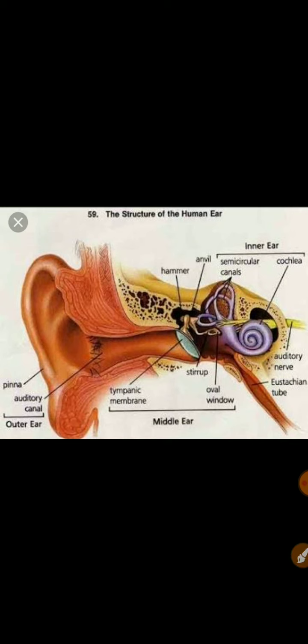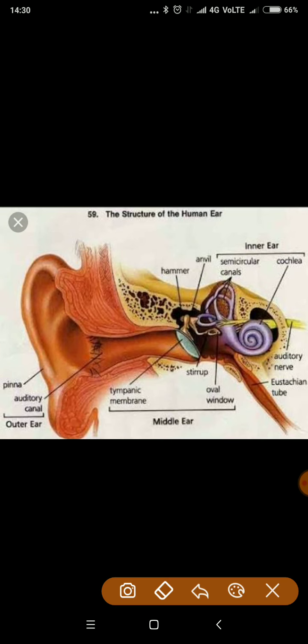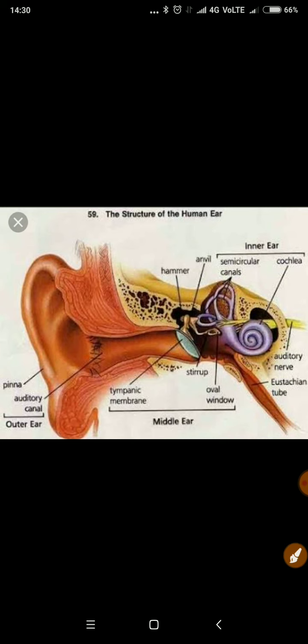Now let's discuss the middle ear. This is the middle ear, right? So what is it composed of? It is composed of the eardrum, which is a very elastic membrane, right? You can call it tympanum also.